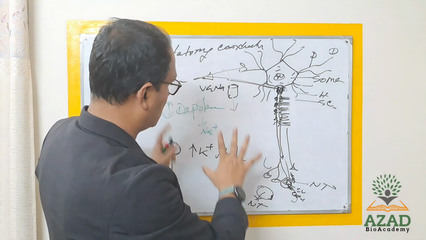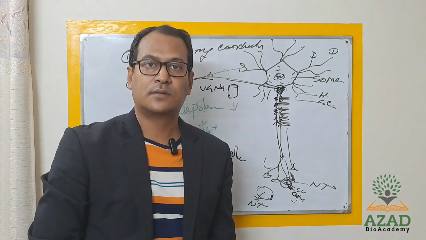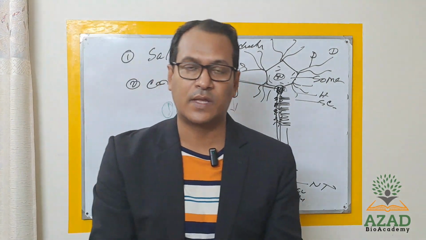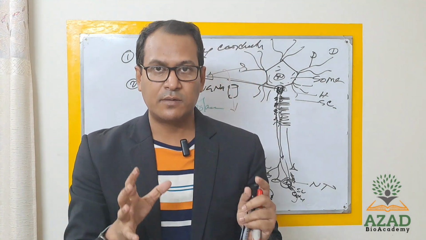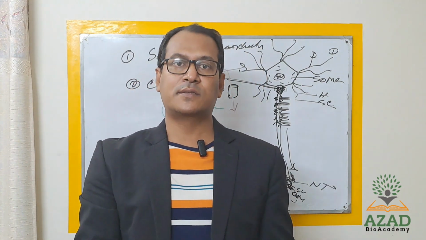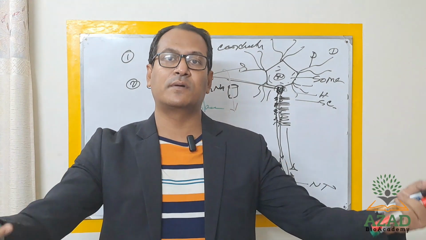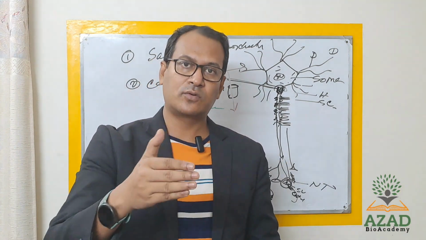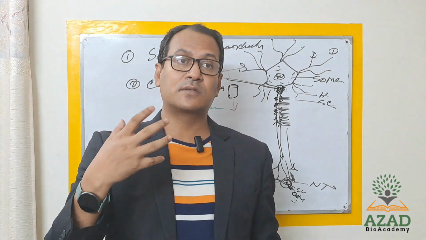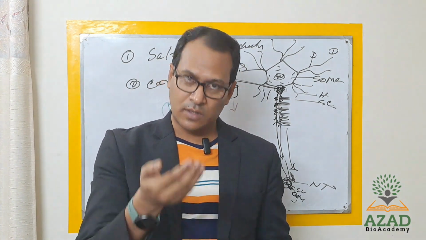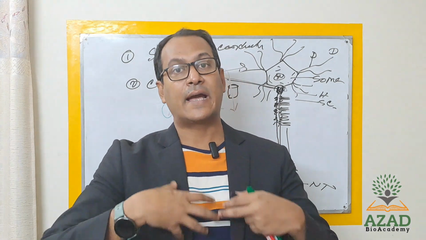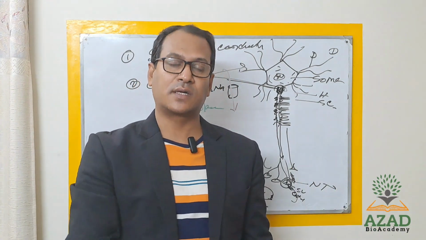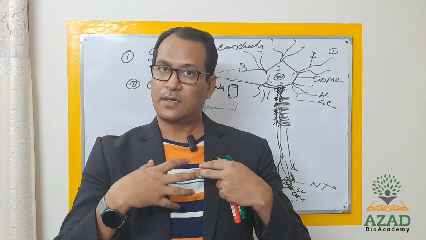So this is the action potential. I'll just sum up the action potential. The membrane potential is always polarized in each and every cell, but when it is functioning, the membrane potential also has some function to activate intracellular signaling pathways.